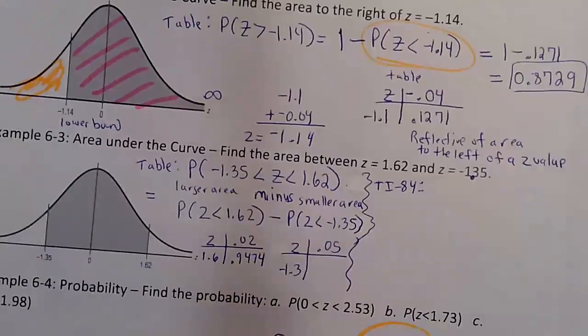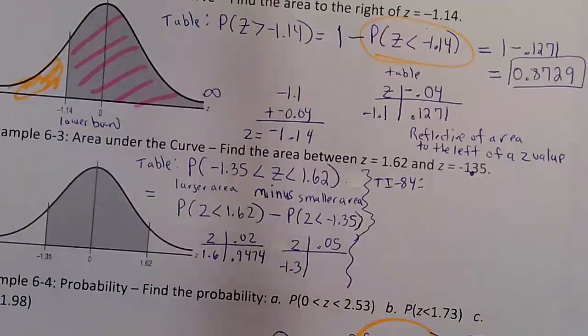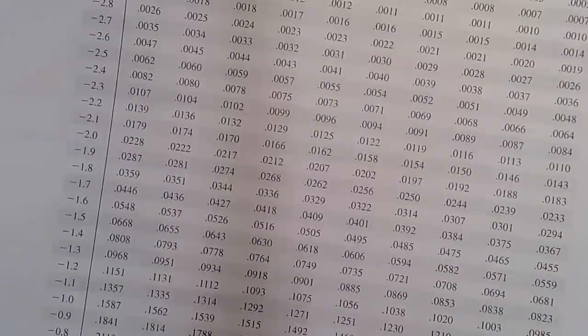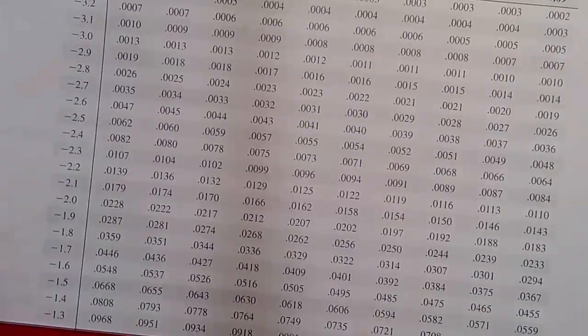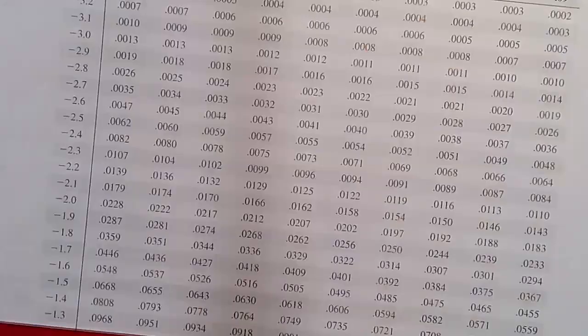Okay, now we're going to do the negative, this negative 1.3, 0.05.